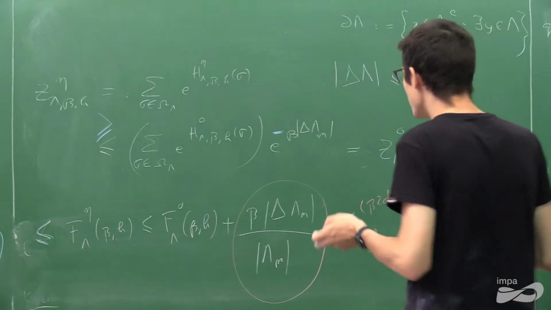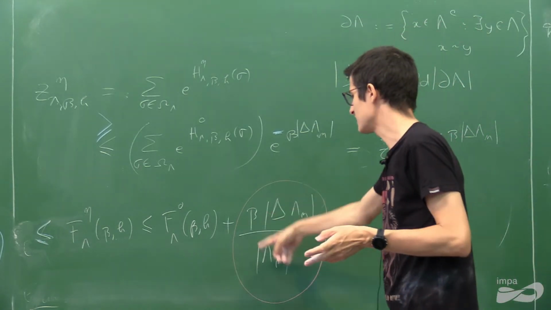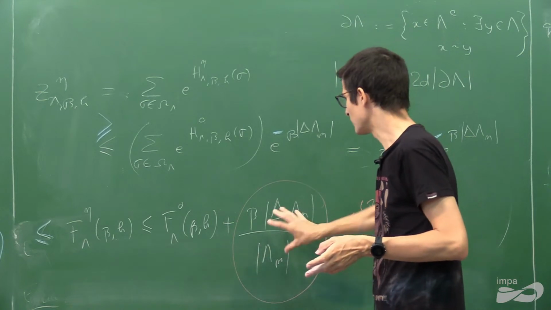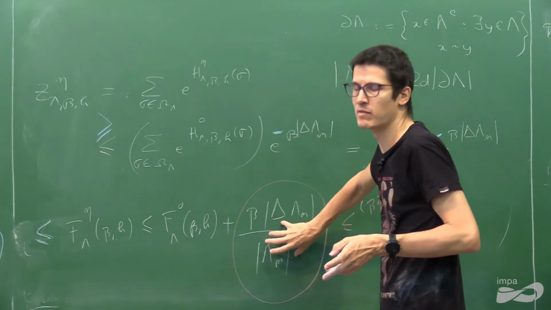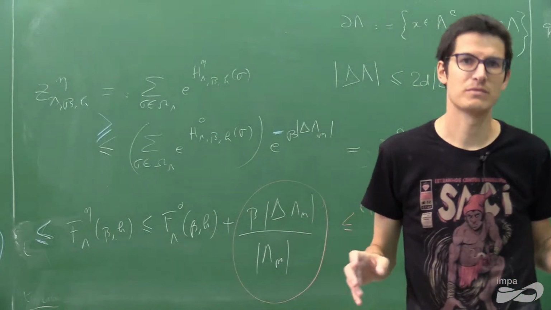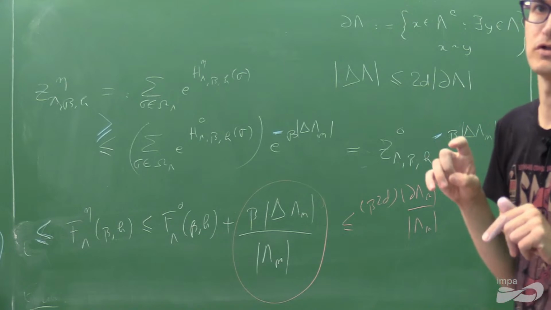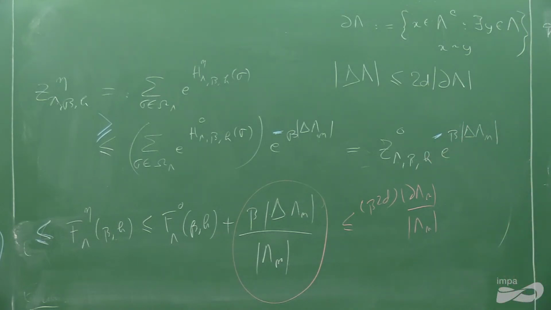So if the boundary is really big, this term will be important. The terms that we have bounded by this will also be important, so there is not much chance of having this being true if you don't have convergence in the Van Hove sense. This is the reason why the condition that the boundary should be relatively small is important.